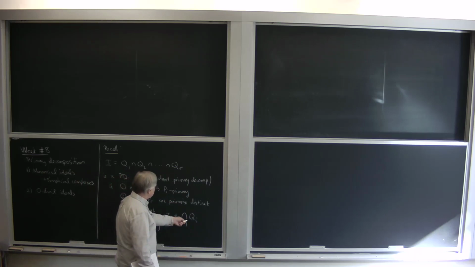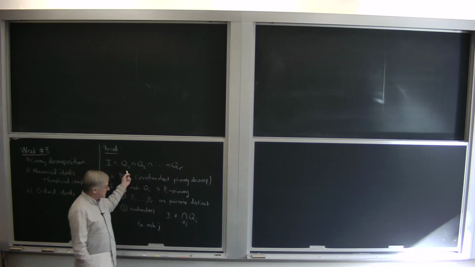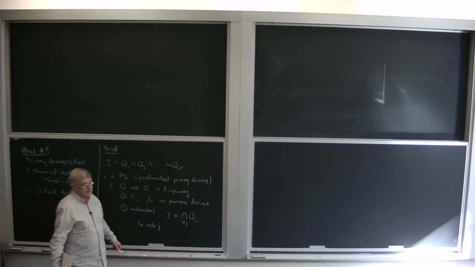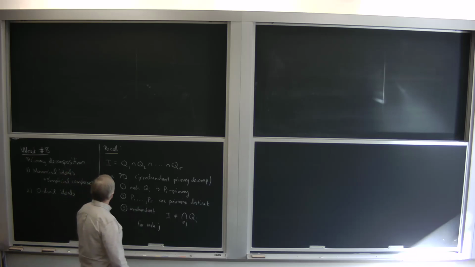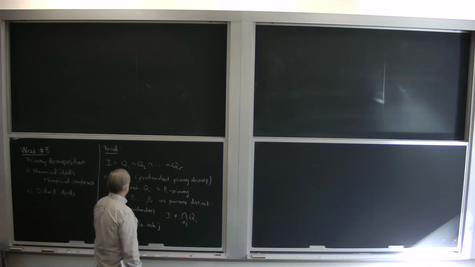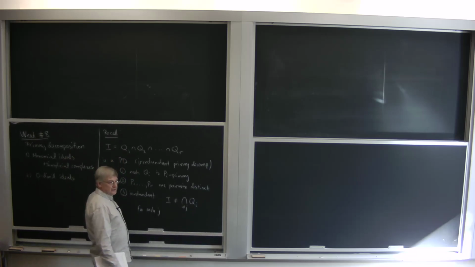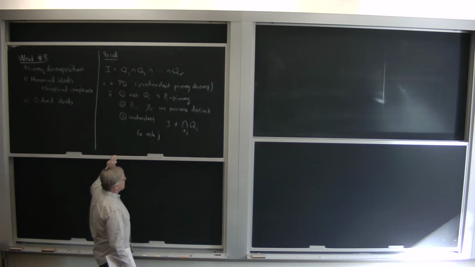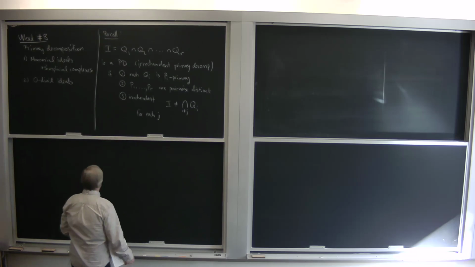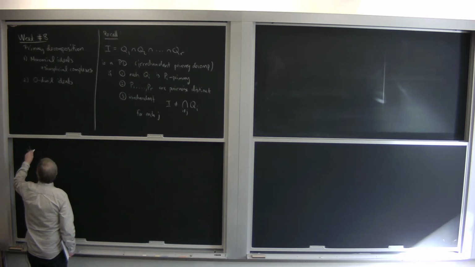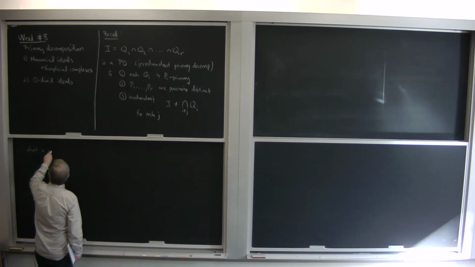So if I pick one of these out and I intersect the rest of them, it's not I. If it were, we'd just get rid of that term. Okay, so this is a primary decomposition. And our goal is to essentially compute those things and understand it a bit better. But first, before doing that, there are a few things. So what is unique about this?